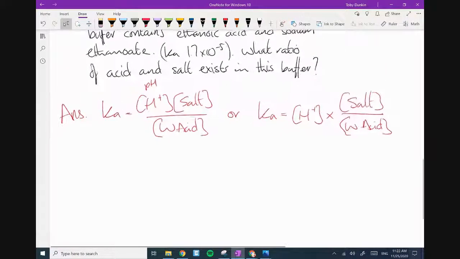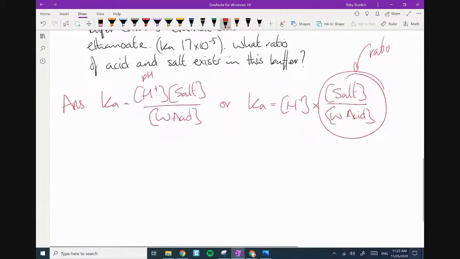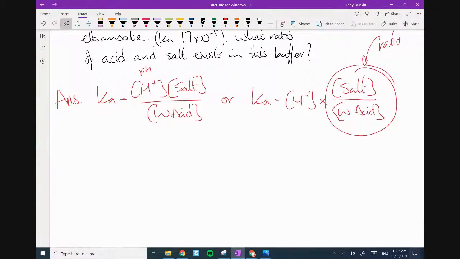Now, all they're looking for is the ratio. That there is the ratio. So all we actually need to do is just rearrange this. So if I simply move H plus over to the other side, we can also then say Ka divided, because we're going to divide everybody by H plus.